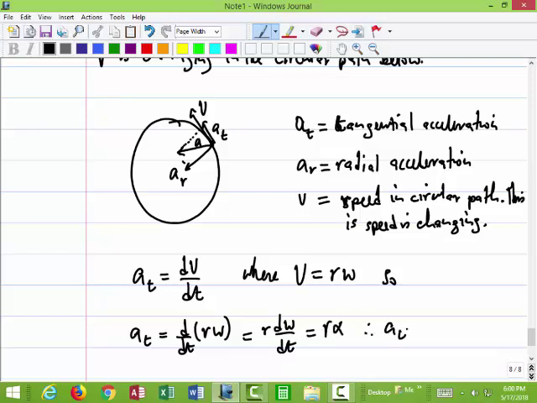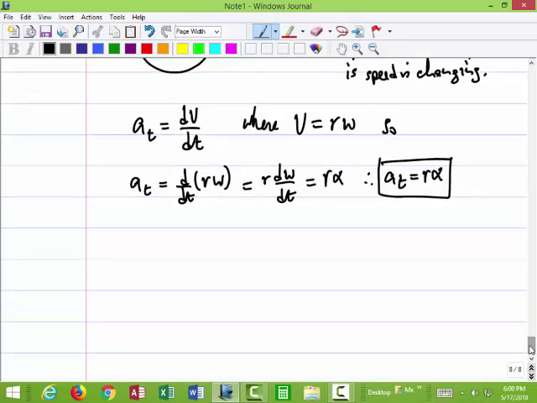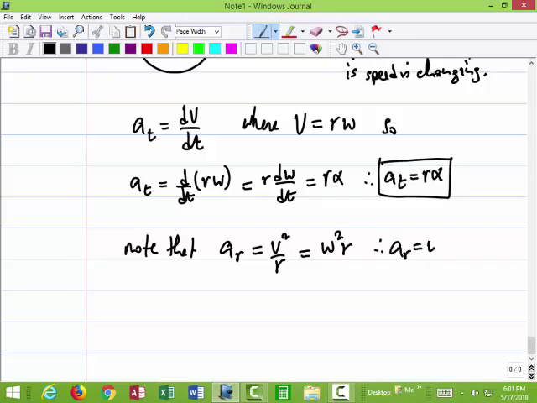Therefore, a tangential is equal to r alpha. Our radial acceleration a r is equal to v squared over r, which is the same as omega squared r. Therefore, a radial is equal to omega squared r.